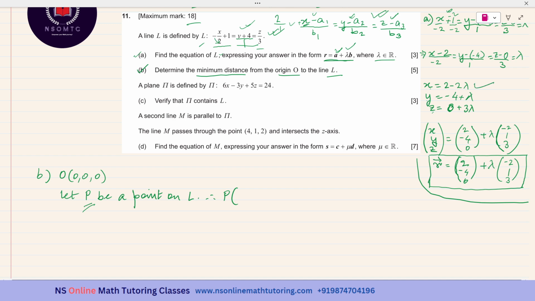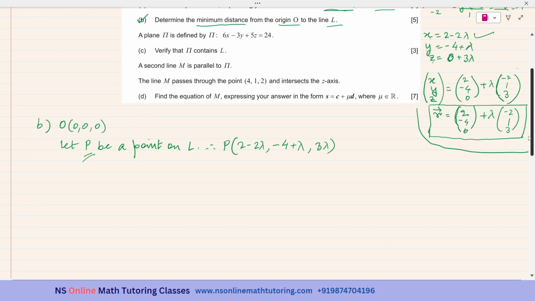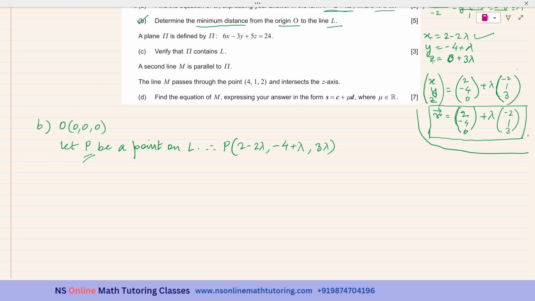The x coordinate will be 2 minus 2 lambda. And y coordinate will be minus 4 plus lambda. And the z coordinate will be 0 plus 3 lambda is 3 lambda. Okay. And we need the minimum distance. So we can use the distance formula.